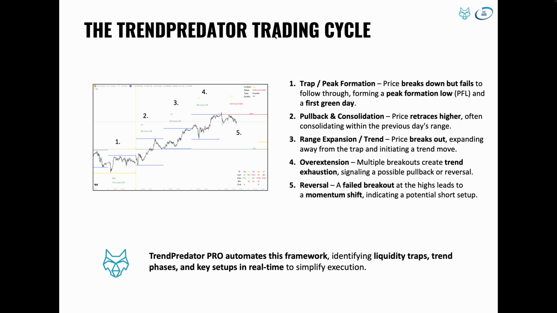So the TrendPredator trading cycle, as I call it, is in the end the same thing, and the multi-time frame table and the setups are designed to follow that wave function. So you try to get a reversal down here at the low of the week, potentially here a bullish reversal, fake out low, continuation, low of day. This is kind of how the cycle starts.